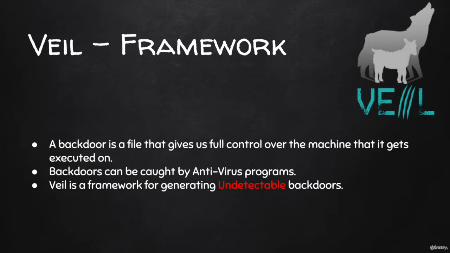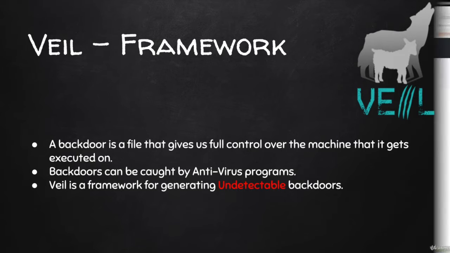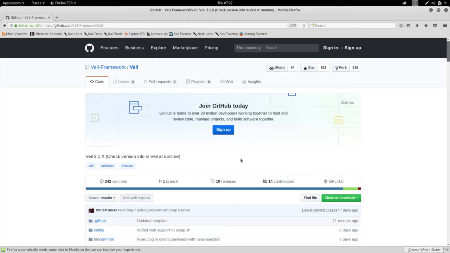Now, this is not very hard to achieve, as you'll see, and we're going to do this using a tool called Veil Framework. I already have Veil's project page open here. I'm going to include its link in the resources of this lecture on the top left. If you're not familiar with Git, it is a version control system that allows programmers to host, share, and update their programs.